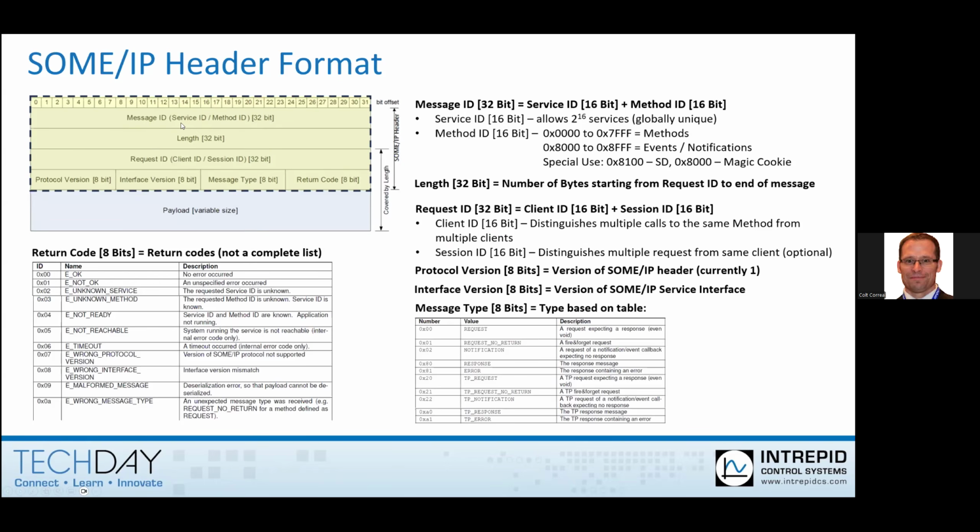So in our case, let's say it's the user interface, and the user just pushes a button on the screen. We would shove in the service ID and the event ID that was just triggered, put in the length, the client ID of us, the sender, the provider, and protocol information as we just discussed.